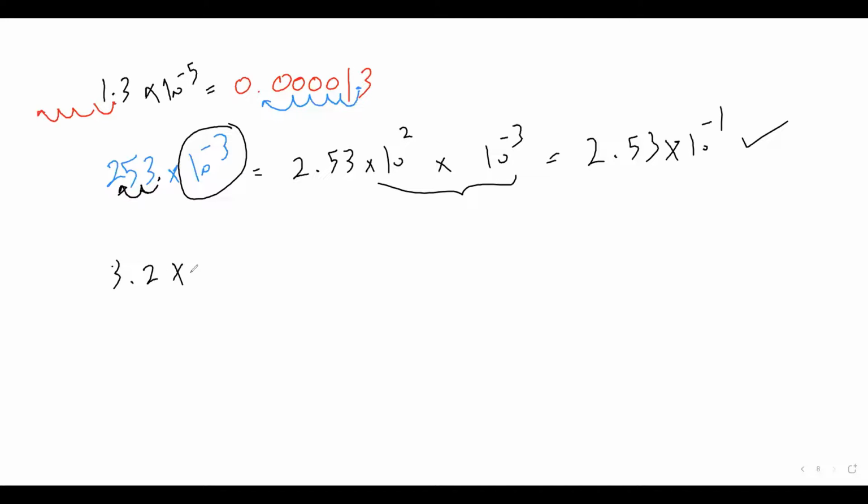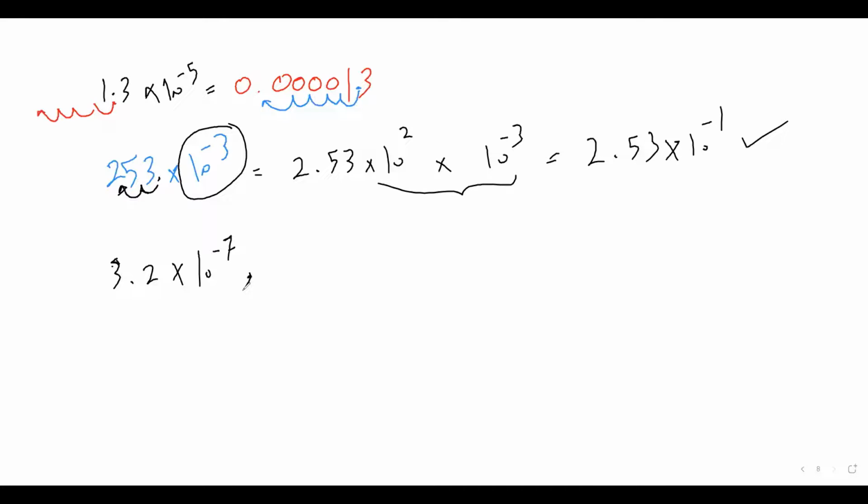So let's do another example. 3.2 times 10 to the power of -7. It's the same thing as the first example up there. So they want you to basically write, I'm sorry, there are more than one number. They're asking you to write it in the order of magnitude. So this is an interesting question.